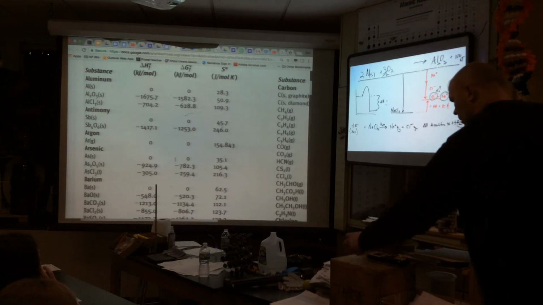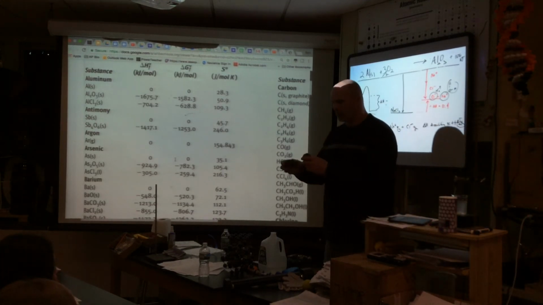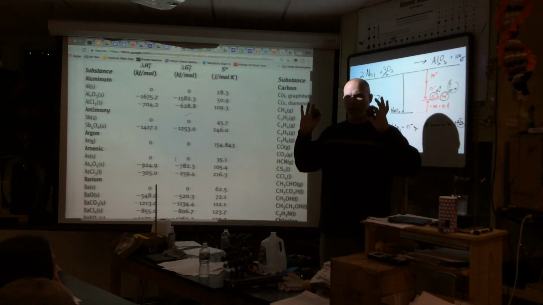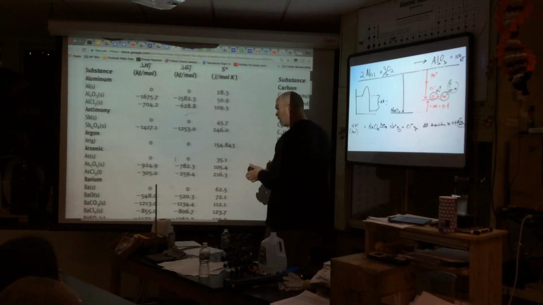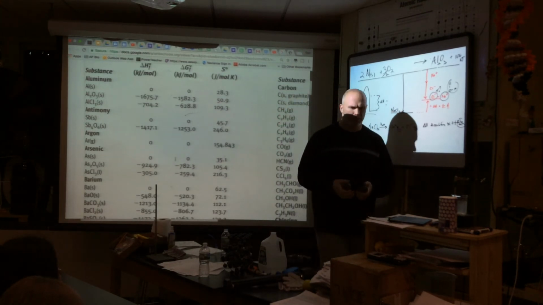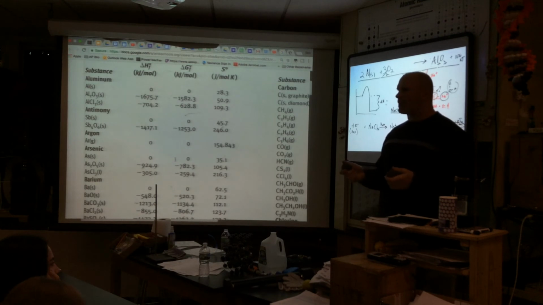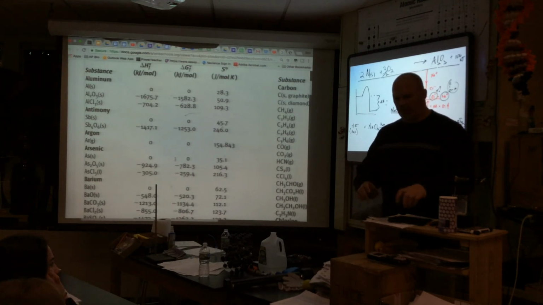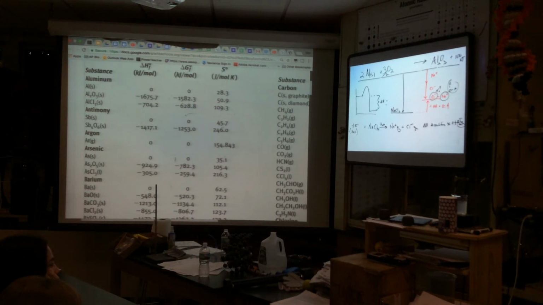I have 2 rusted spheres, and these are iron oxide. What I'm going to do is smash them against aluminum. Where I'm getting the oxygen from, and let me show you the reaction, is that I'm going to make the final product aluminum oxide.